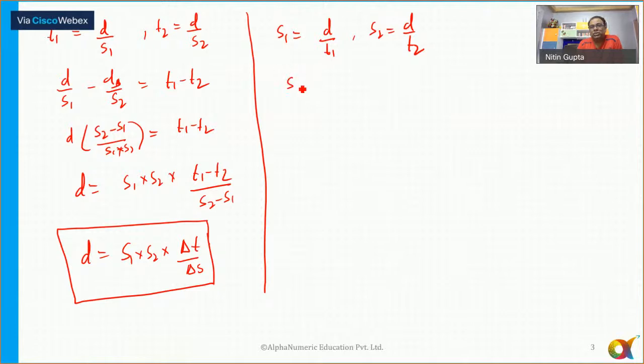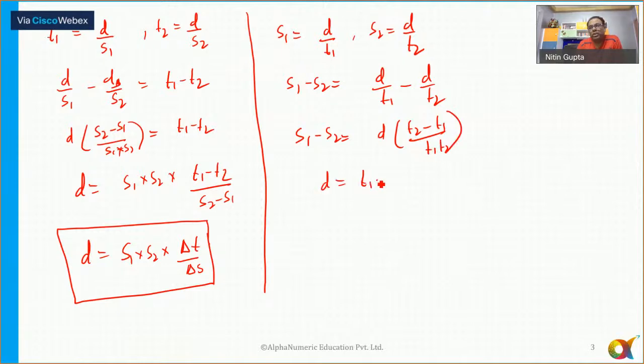S1 minus S2 is equal to D upon T1 minus D upon T2. So S1 minus S2, D is common, is T2 minus T1 upon T1 into T2. So D is equal to T1 into T2 into S1 minus S2 upon T2 minus T1.